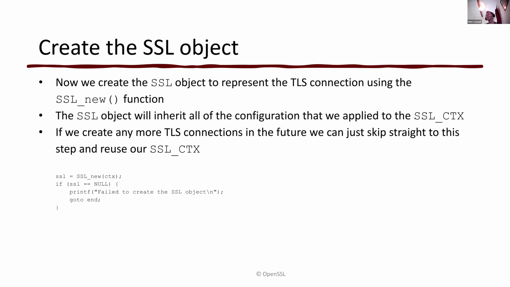Obviously, if this is the second or third SSL object that we're creating, we don't need to go through all of that SSL context creation step again. We've already got our SSL context. We can just skip straight to this point. We do need to check for errors. So again, an error is indicated by a null return from this function. And if that occurs, again, in this presentation, we're just bailing out.